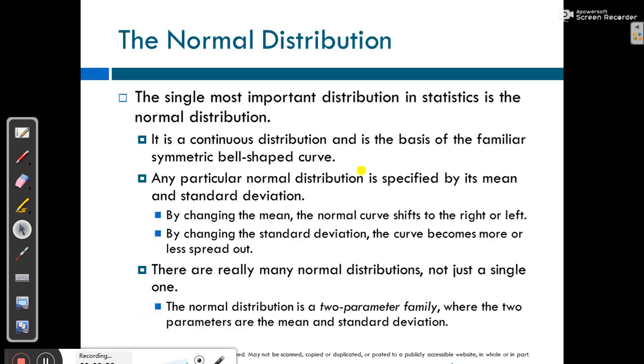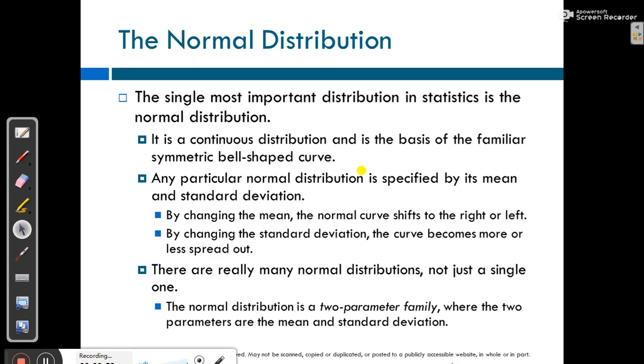If we go to the normal distribution, the single most important distribution in statistics is the normal distribution. It means it is highly and widely used. It is a continuous distribution and is the basis of the familiar symmetric bell-shaped curve. Any particular normal distribution is specified by its mean and standard deviation.